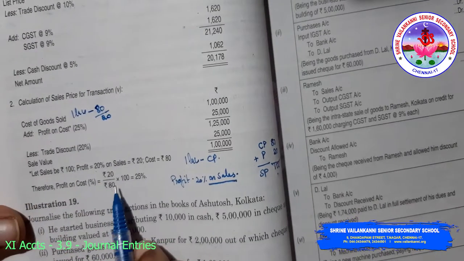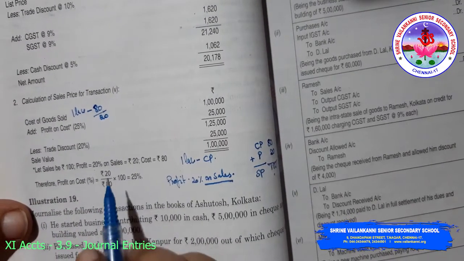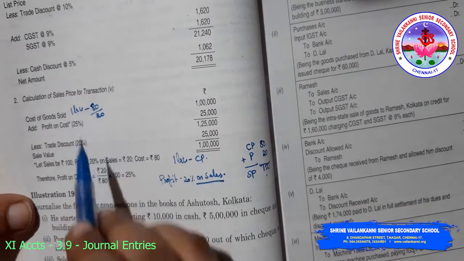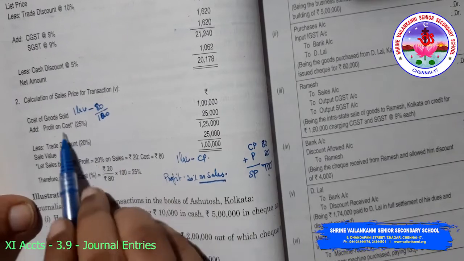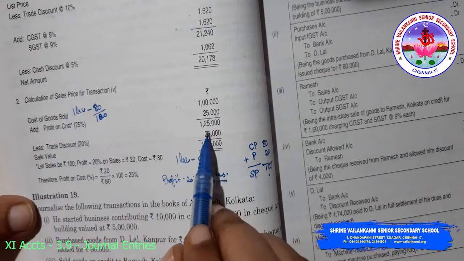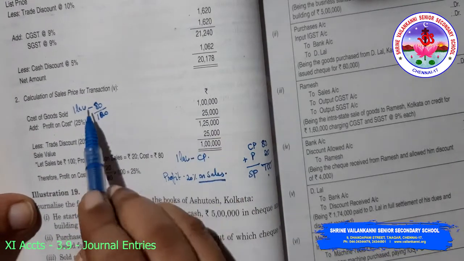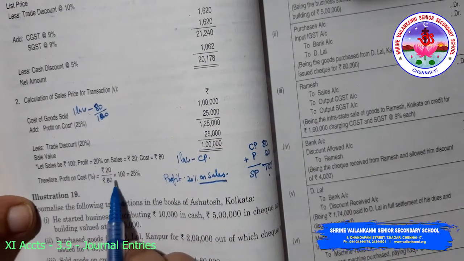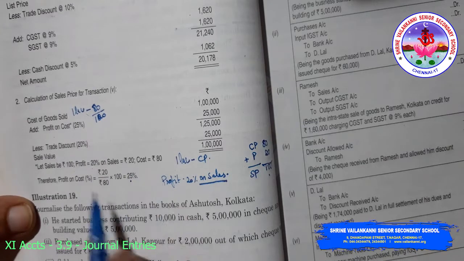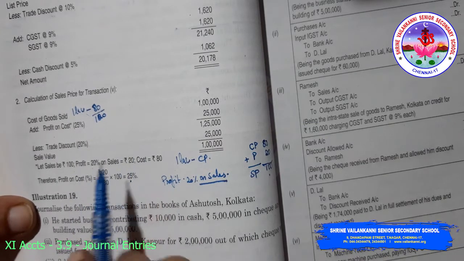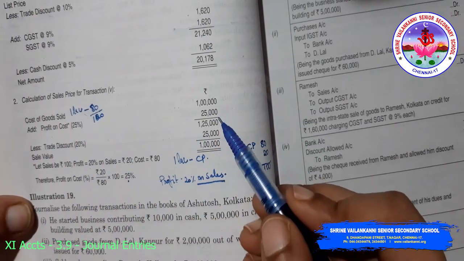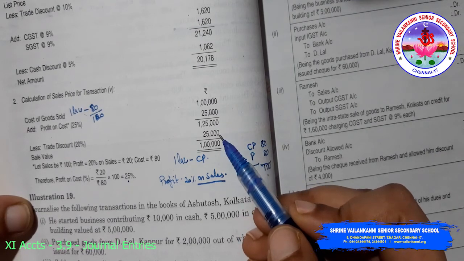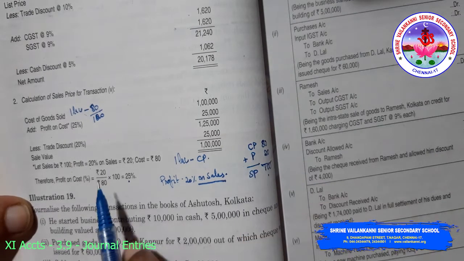Just cross multiply and you would get the selling price component. Cross multiply: 20 divided by 80 into 100 is 25%. You can get it in this format also: 1 lakh plus 25,000 minus trade discount 25,000, and 1 lakh is the sale value.